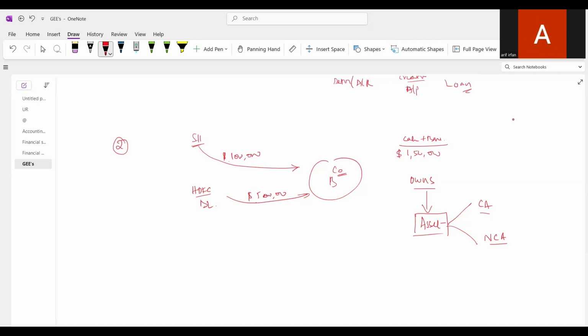These are the examples that within a year will transform into cash and cash equivalents. Any other thing that is not converted within one period or the operating cycle is considered as non-current assets. So this cash and bank comes under the current assets.